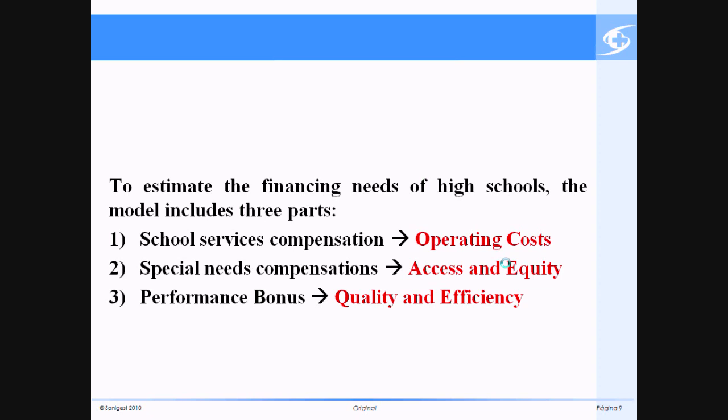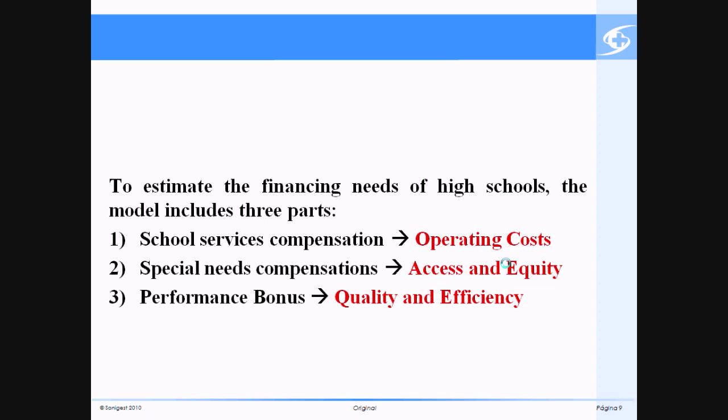Certainly we would agree that students with special academic needs and students with socioeconomic disadvantage should be provided with a little bit more resources for the school to be able to deliver adequate services to guarantee their success.